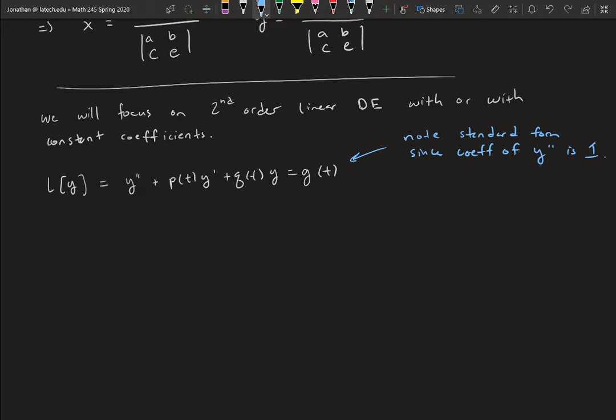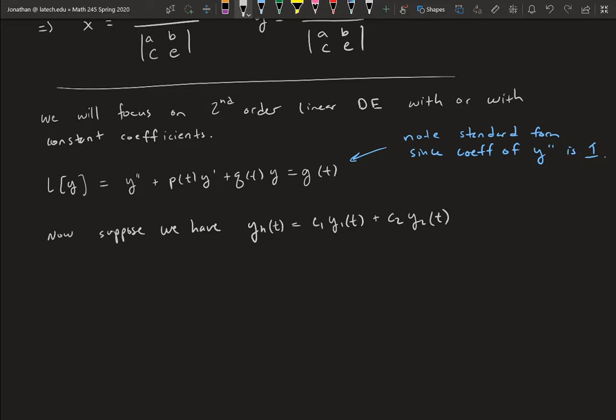Well, we have our standard form differential equation. Now, suppose we have y sub h of t equal to c1 y1 of t plus c2 y2 of t.